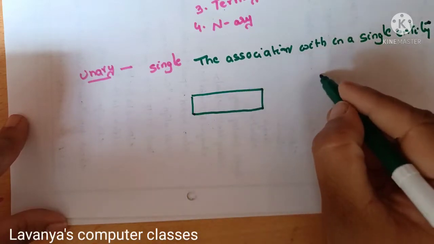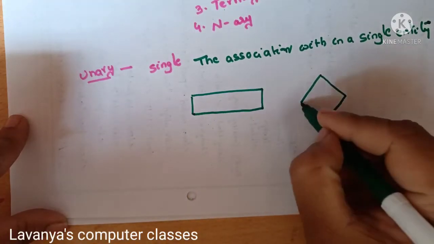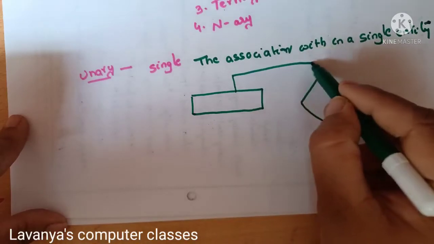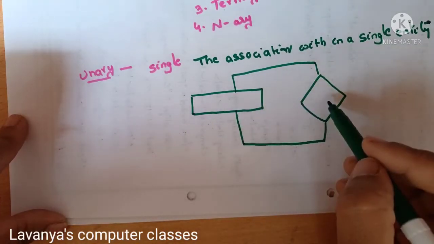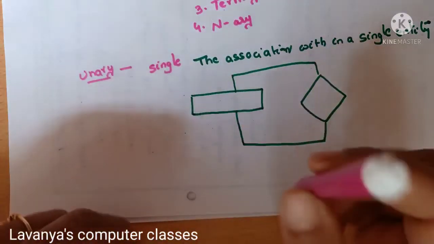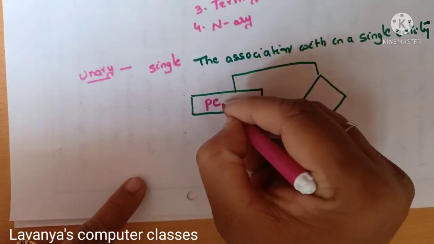Here, this is the entity set. In the previous video I explained that the rectangle box is for entity set and the diamond box, the rhombus, is for relationship. So only one entity set is there, with the relationship within that one entity set.